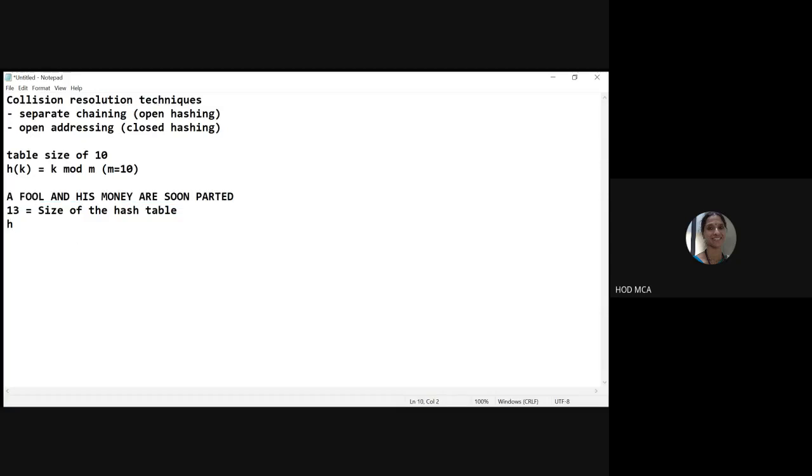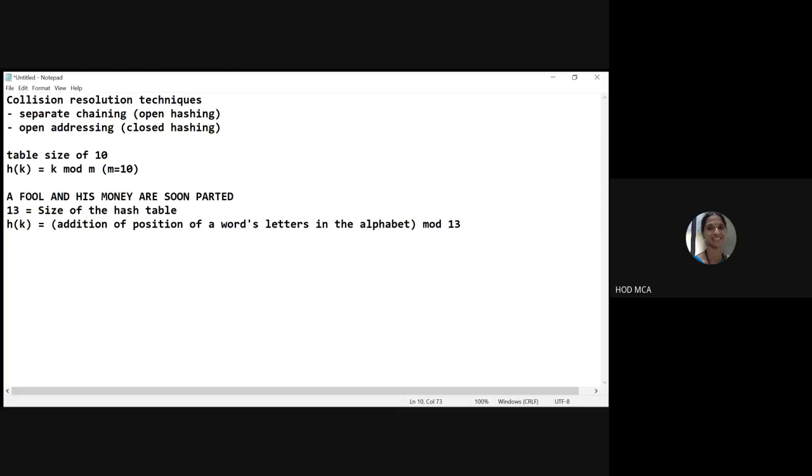We can define the hash function as h of k is equal to the addition of the position of a word's letters in the alphabet, mod 13. Do you understand what I said?